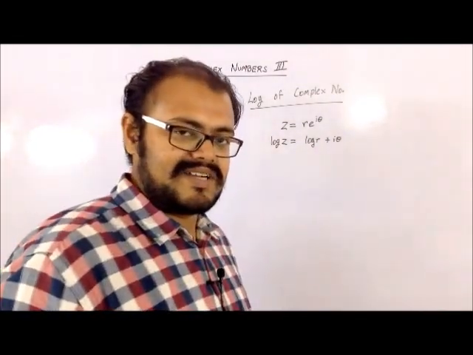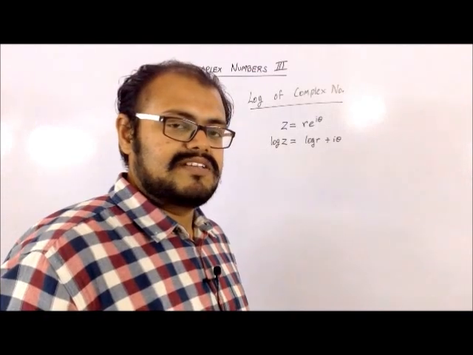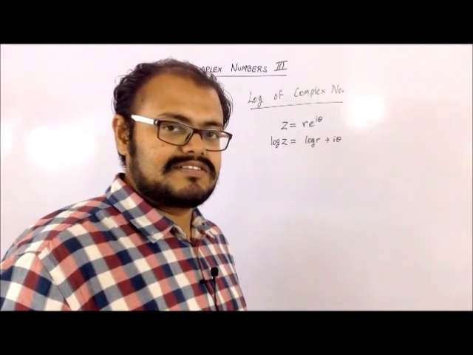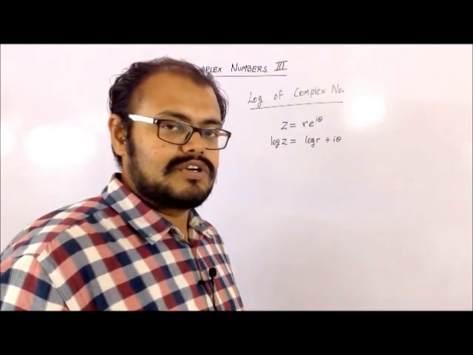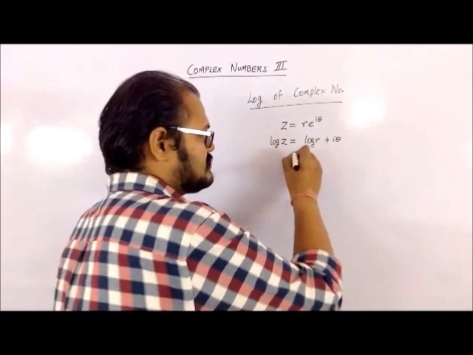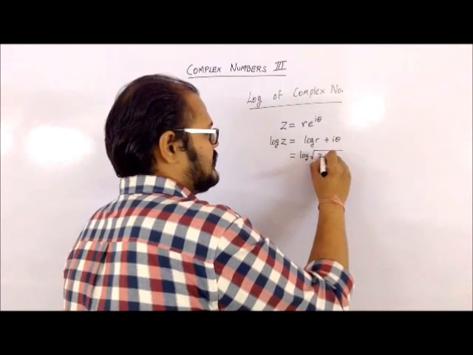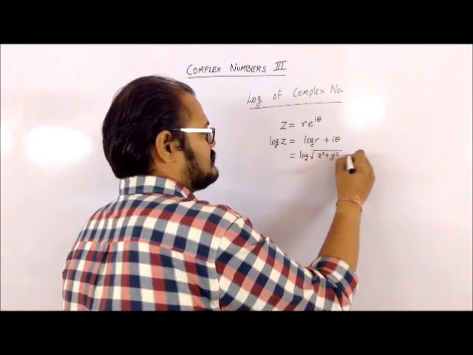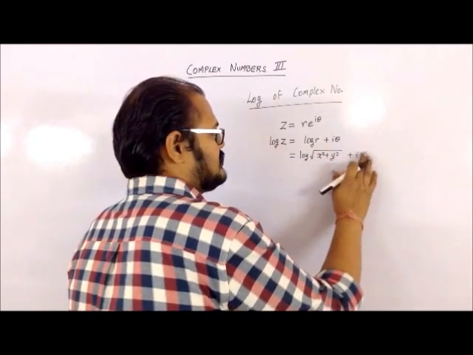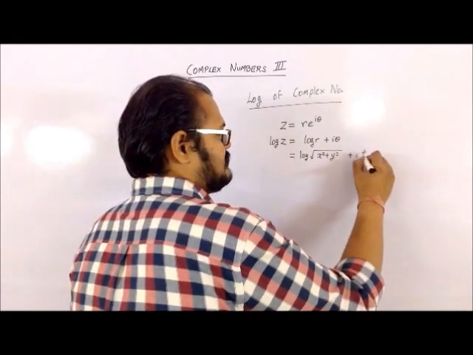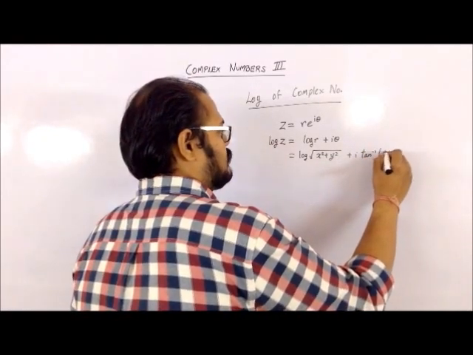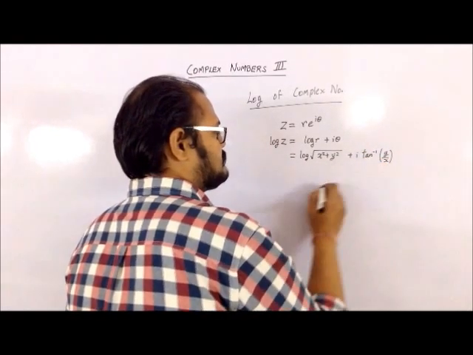Now r, if you can recollect, it is the modulus of z. Now modulus of z is what? It is root of x square plus y square. So this is log of root of x square plus y square plus i theta, and theta is tan inverse of y by x.